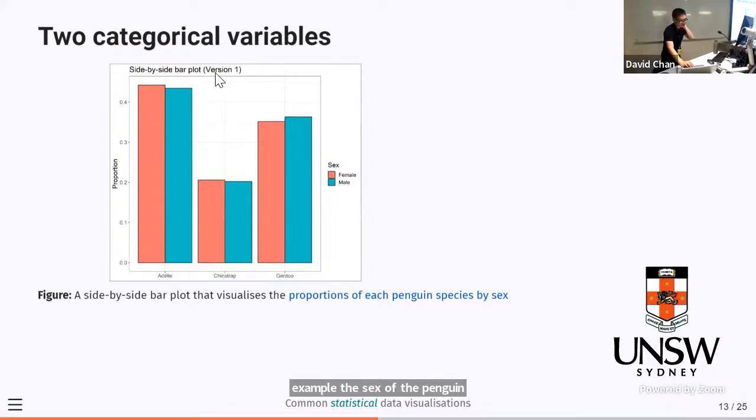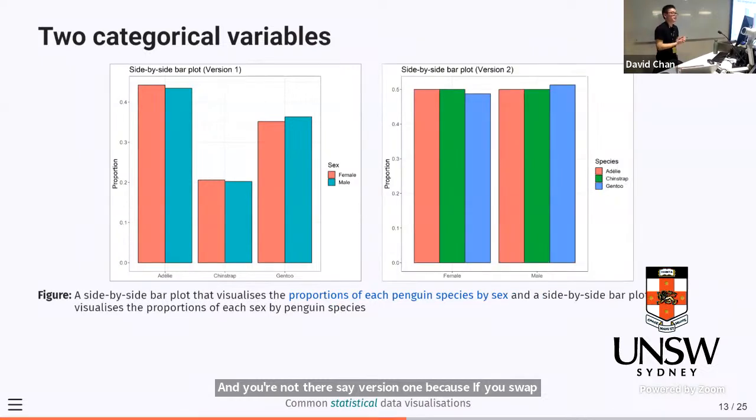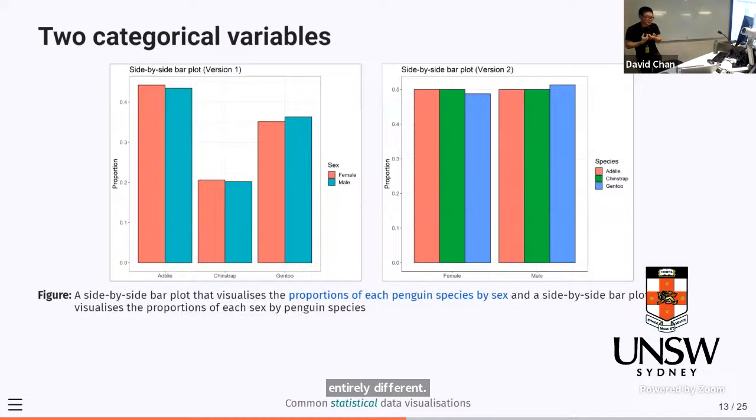And you'll note there I say version 1, because if you swap it around, so if you go sex by species, you get an entirely different side-by-side bar plot. And this does confuse everyone every now and then.